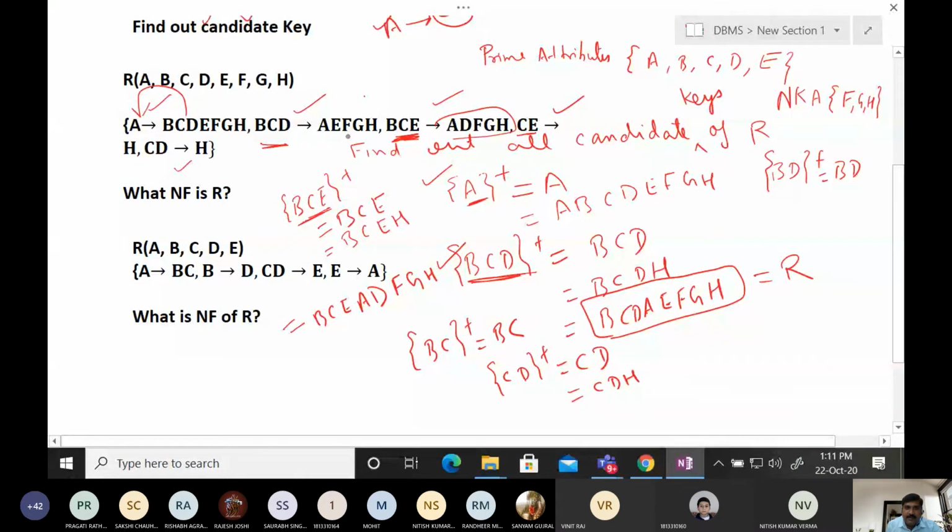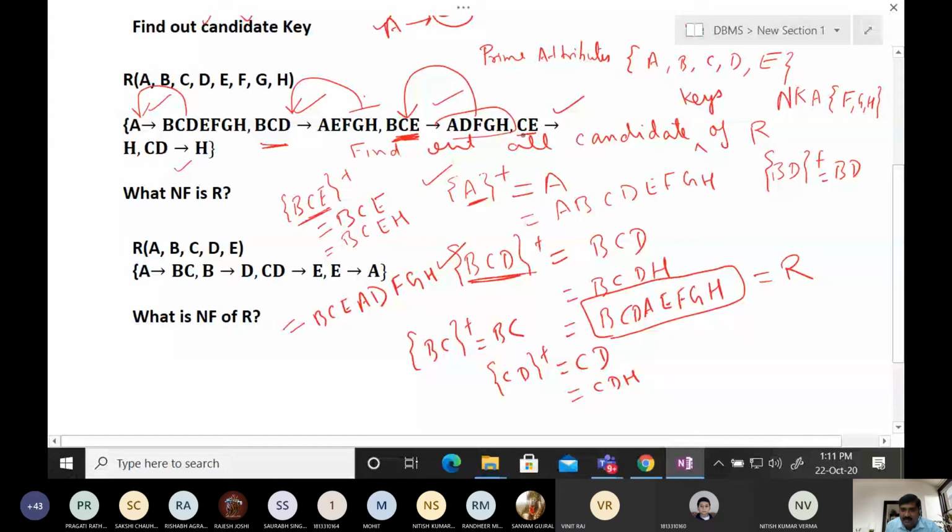But see here also, the non-key attributes FGH are fully functionally dependent on BCD. And here also FGH is fully functionally dependent on the candidate key. But in this FD, the non-key attribute is partially dependent on the candidate key.